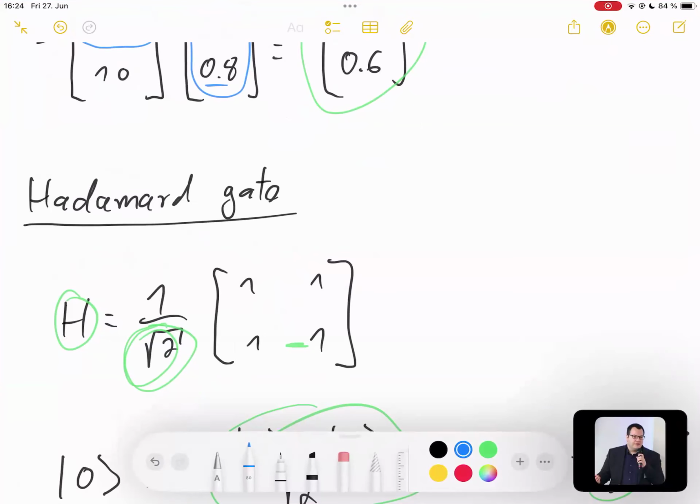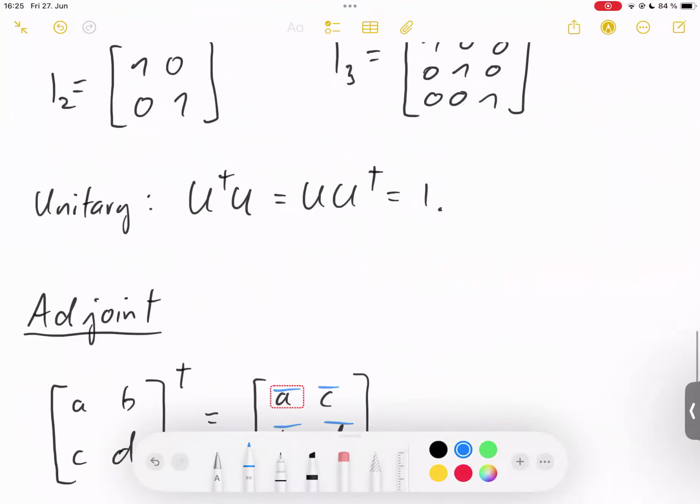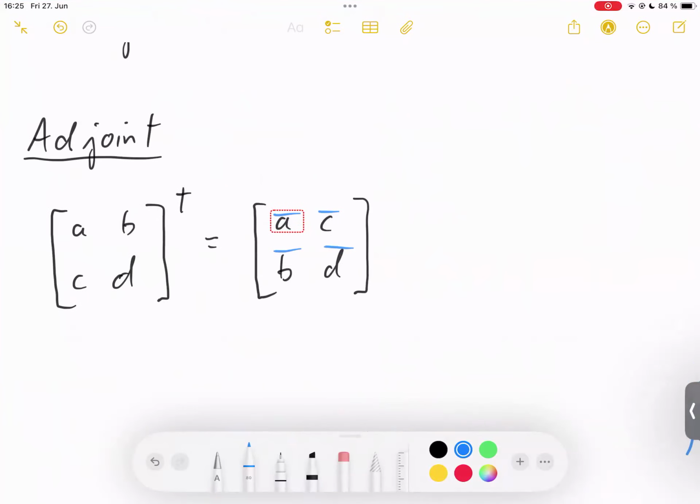I'm sorry, it's back. So we got a few suggestions. And the suggestion was that it's the conjugate. And that's correct.